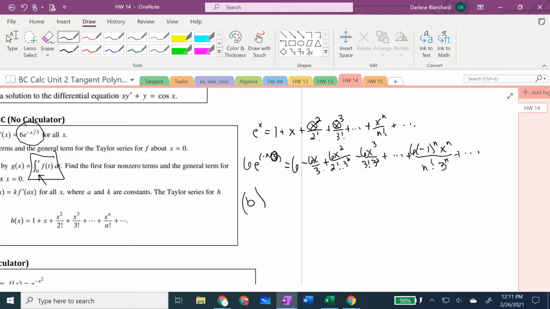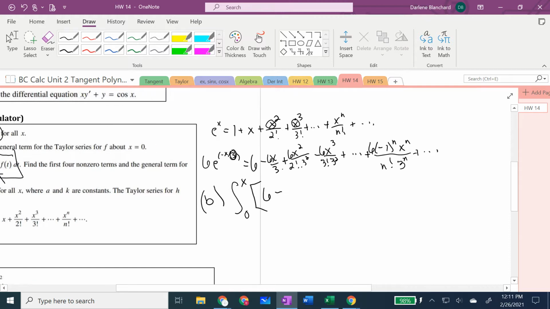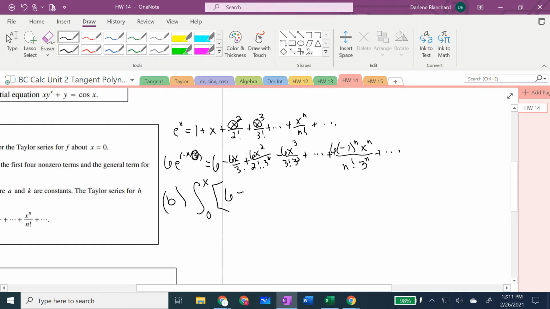For the sake of making sure you're clear, I'm going to go through the integration process just to clarify. So I'm integrating from 0 to x, 6 minus, and this will give me a chance to also simplify. 6 divided by 3, but use t instead of x. And simplifying 6 divided by 2 gives me 3, and then the 3 squared. So I end up with t squared over 3.